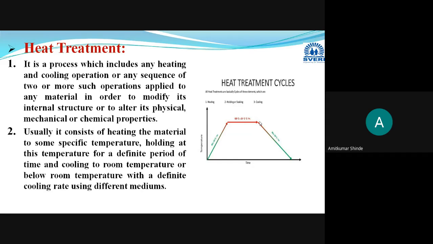The second aim of performing this holding or soaking cycle is to get a uniform structure. Here our aim is to get uniform austenite; only the austenite phase should be there.